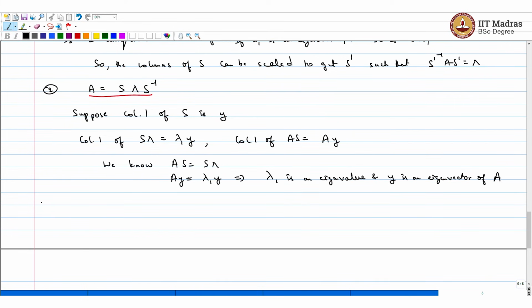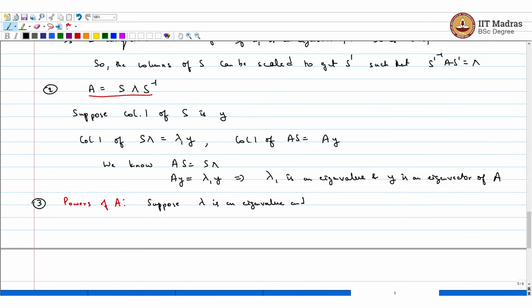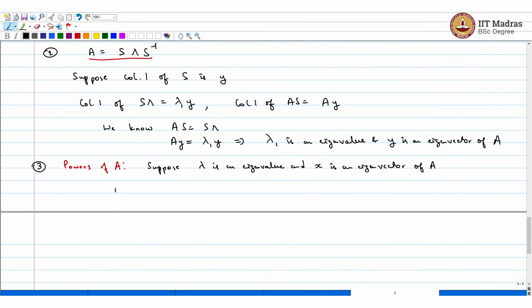Let us look at another remark, which is, we can look at powers of A. So, suppose lambda is an eigenvalue and x is an eigenvector of A. Then what can we say about A square x?